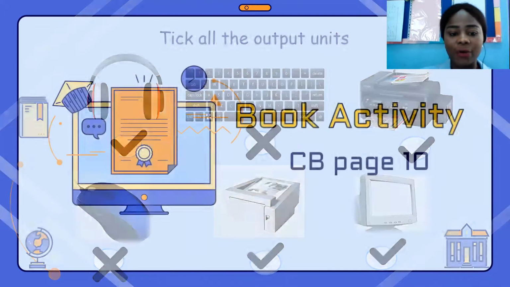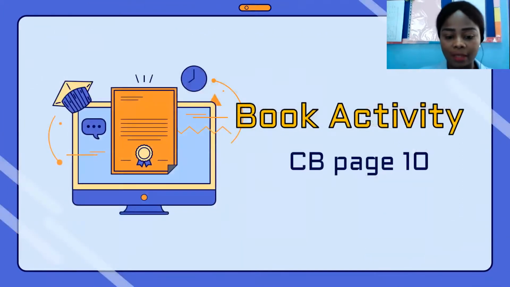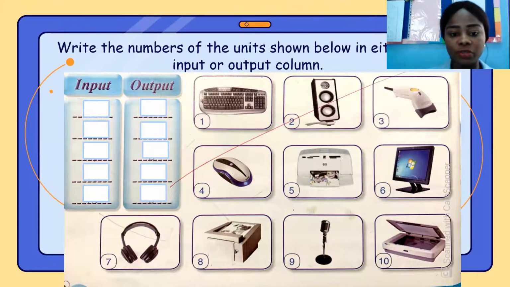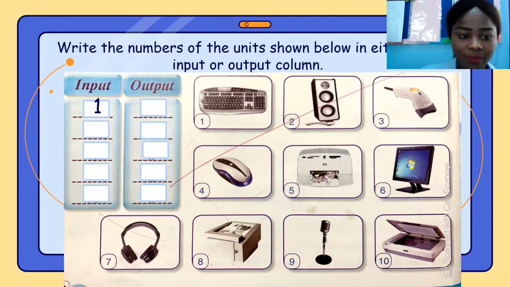Now, open your book to page 10 of your activity book. We are going to write the numbers of the units shown below, either in output or input. The first line here is input and the second one is output. Number one is input.